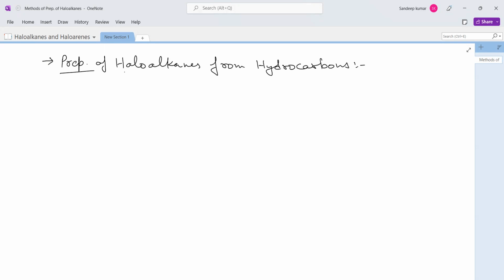In hydrocarbons, we have both aliphatic and aromatic types of hydrocarbon.